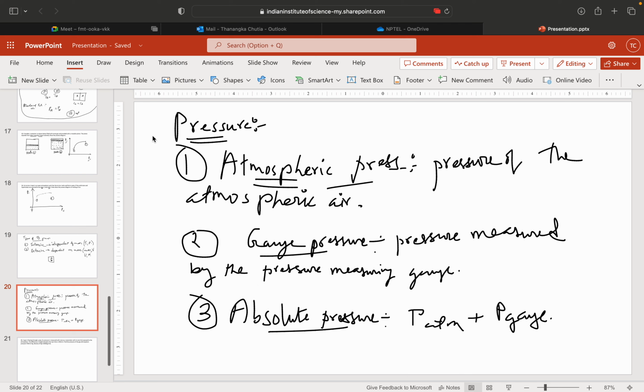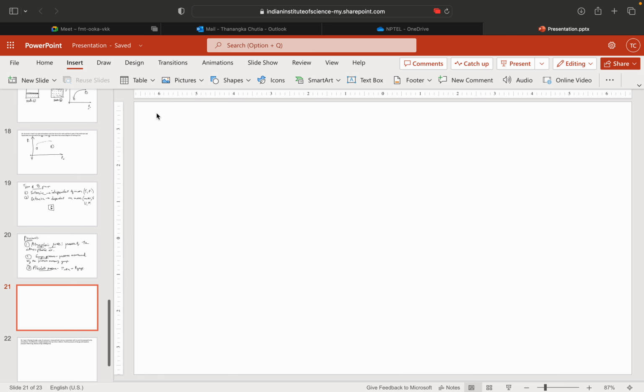Now next, one important thing in order to solve pressure related problems is you have to understand the hydrostatic paradox. Hydrostatic paradox, this means that if a liquid is at rest, okay, then the pressure of that liquid is measured from the surface, from the level of the water.